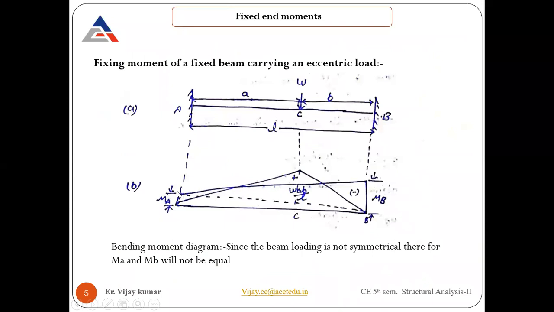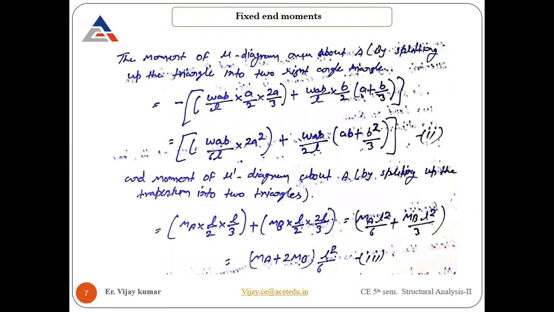The other triangle means the upper triangle, up to the dashed line. So that will be MB into L by 2. Where will it act? It will act at the centroid, and the remaining distance is 2 by 3 of L, so 2L by 3. This is the distance. After solving, this is the value coming. This is equation number 3.